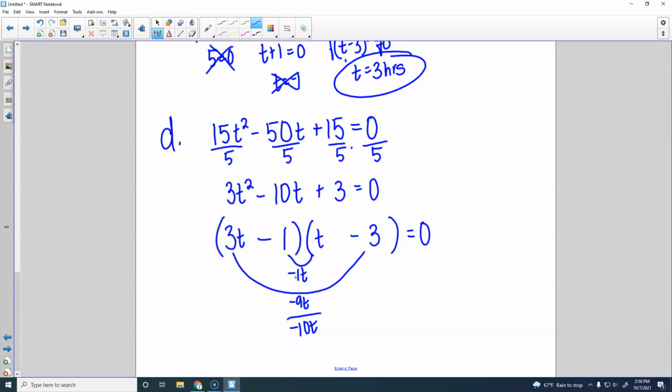Yeah, you kind of got to guess and check until you get them in the right spot, where the inner and the outer terms... Have you figured out how to factor them?